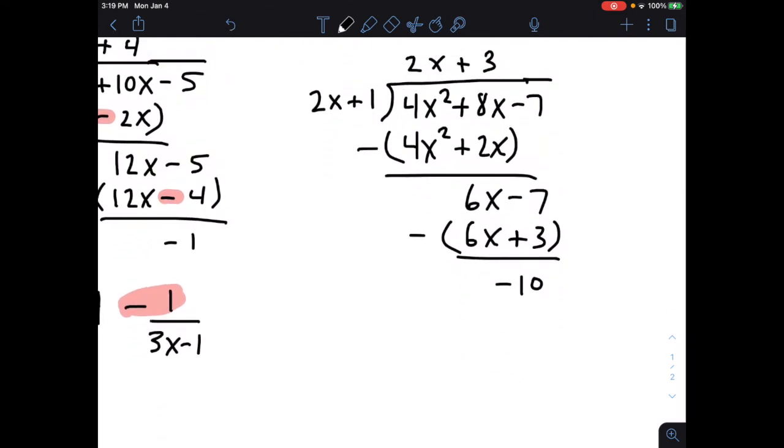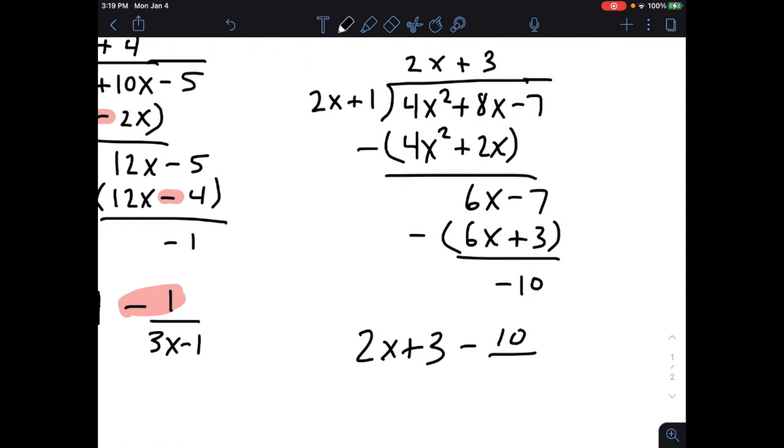And so my answer is 2x plus 3. And then I'm going to add the minus 10. And I will divide that minus 10. Notice how I'm putting the minus sign out front, but then I'm actually just dividing the 10 by what I'm dividing by. That's simply to create an expression using the minus sign. So the negative 10, it's a negative sign when it's on the 10, but it becomes a minus sign when it's in the expression.